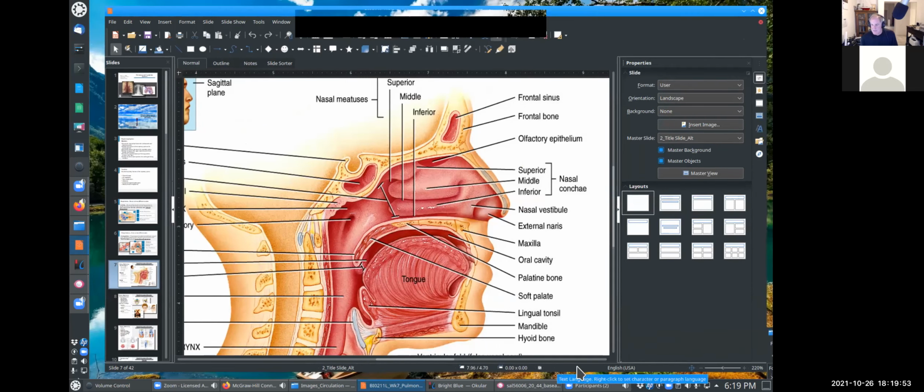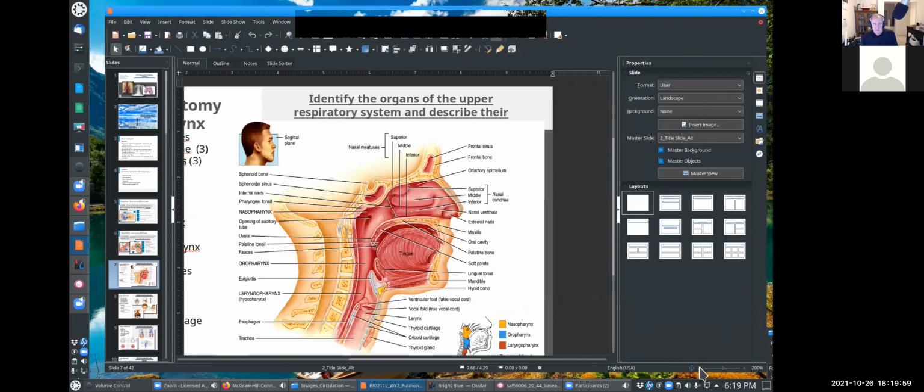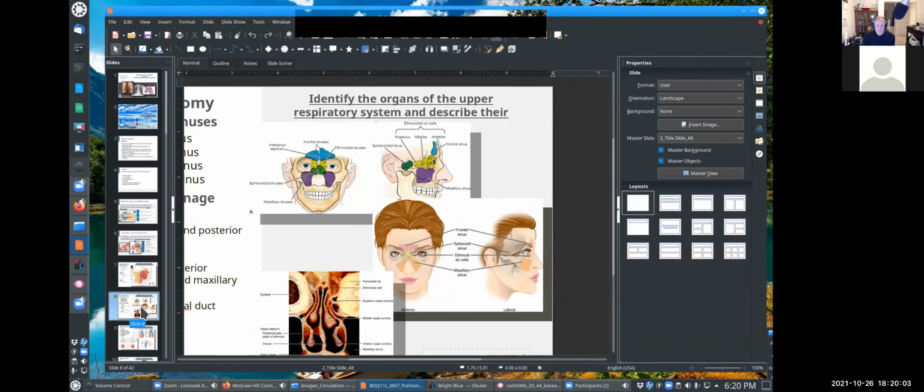You can see the maxillary sinus, which we weren't able to see on the models. It's just a big sinus sitting right beside the nose. So if you see a big hole or a big cavity marked right beside the nose, that's the maxillary sinus. Okay.